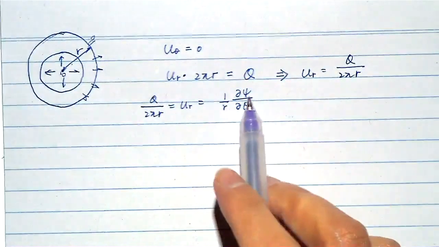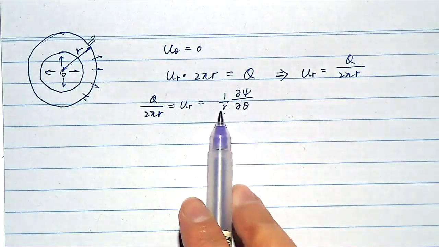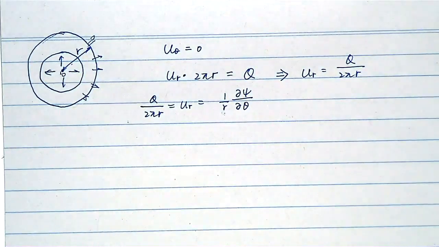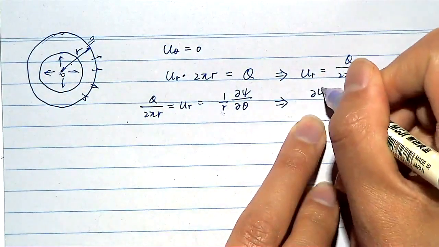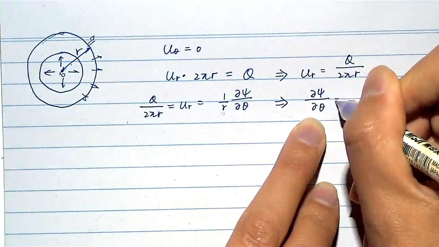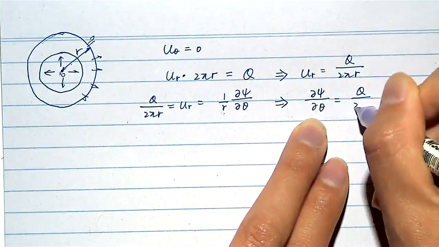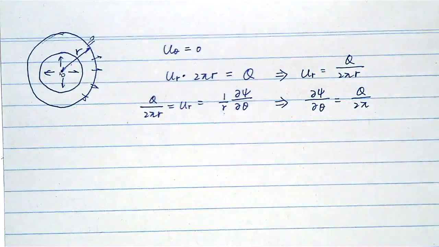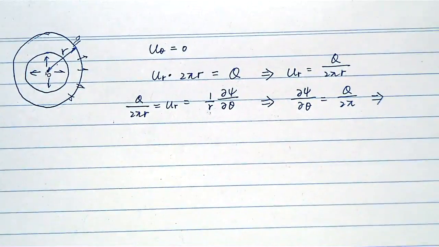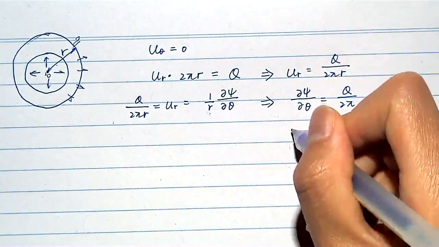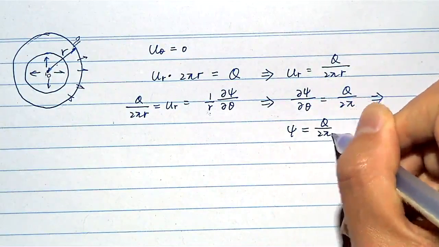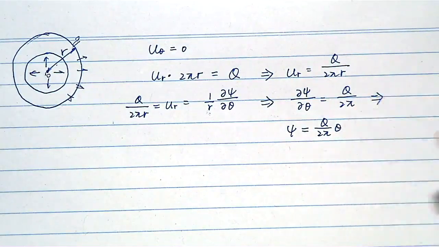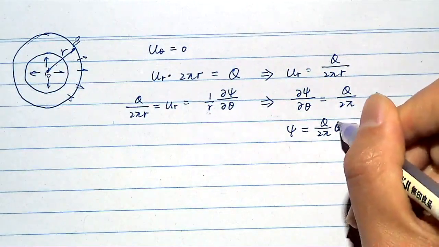In order to calculate psi, we just have to move r to the left-hand side of the equation and then integrate it. So d psi d theta is q divided by 2 pi, a constant. After integrating this expression, we get the stream function as q over 2 pi times theta. This is q, this is theta.